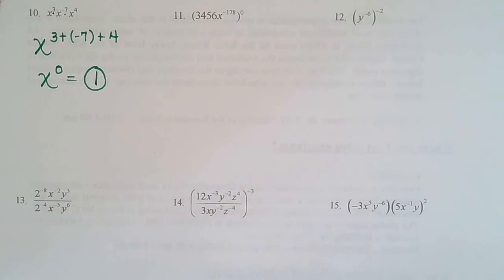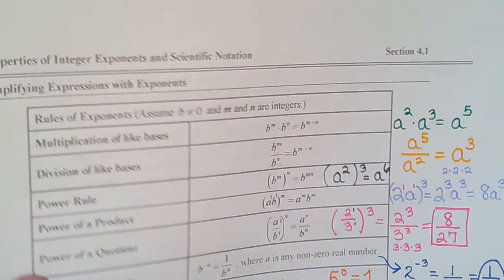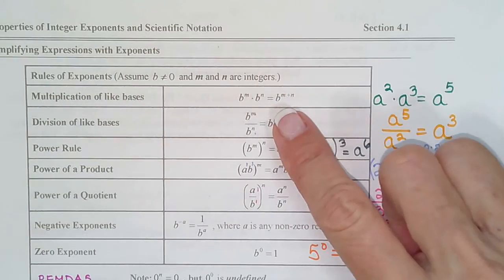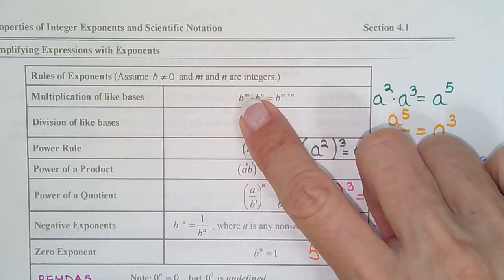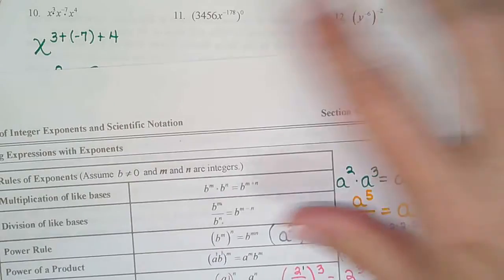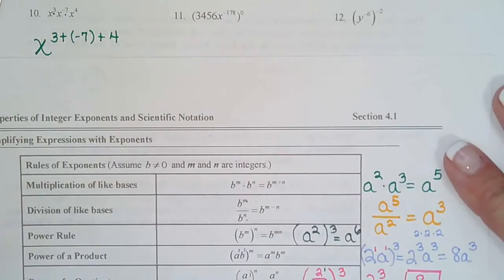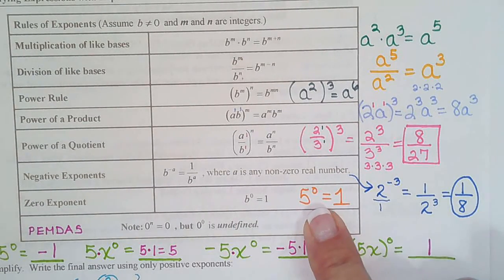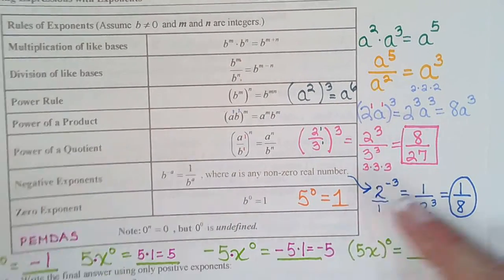Let me get my front page. So this one used first this rule, multiplication rule, base is the same, keep the base, add the exponents. So that's what we did there. But then it went on to use the zero exponent rule that says anything to the 0th is 1.